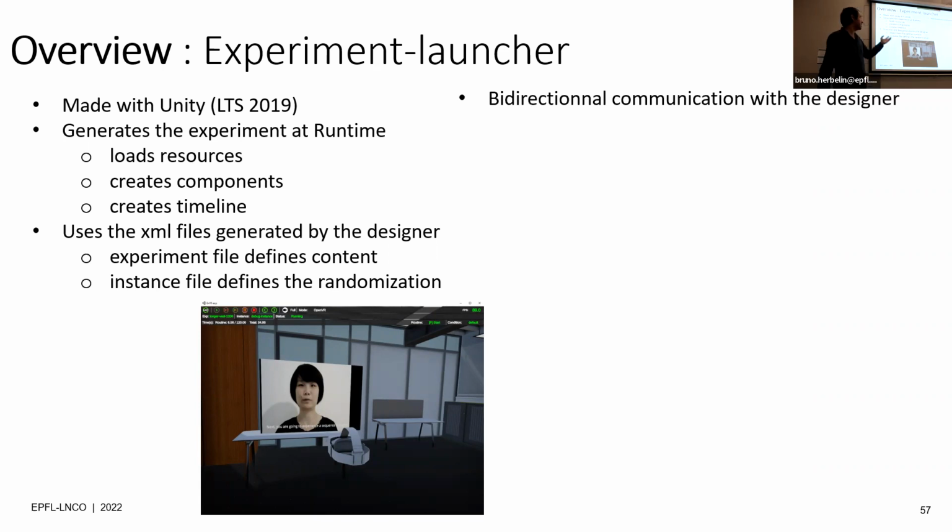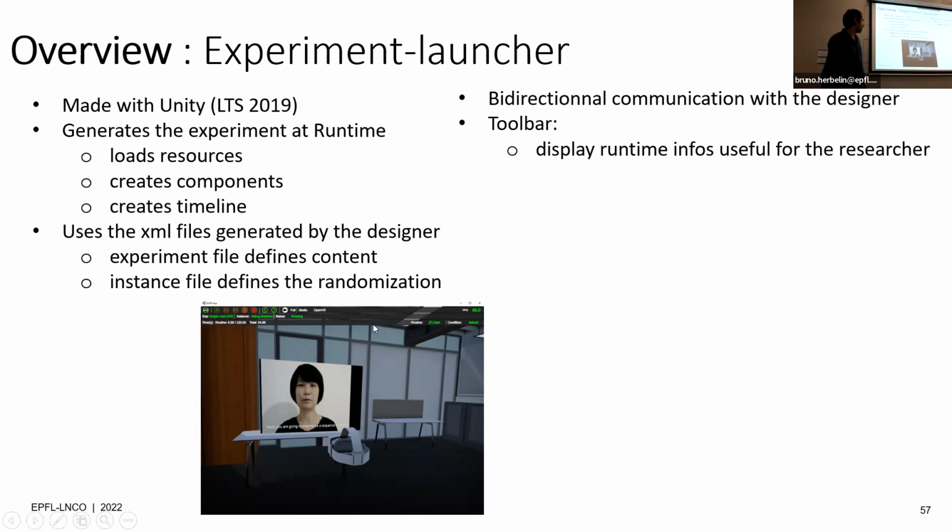So, as I said, there's very little communication with the designer. They both send information from the designer. It's mostly comments, and from the external console, it's mostly feedback. So you can see you have a bit the same toolbar.